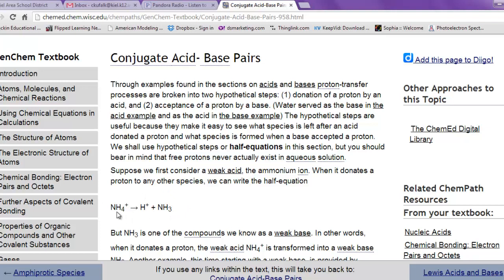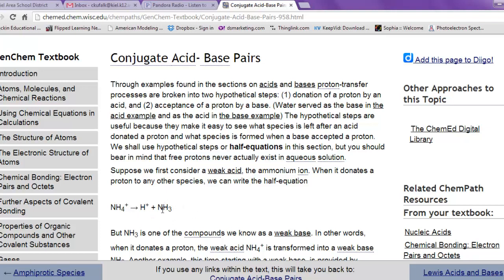Okay, so if I have a weak acid like ammonium ion, which is NH4+, the reason it's an acid is it donates an H+ to the solution, or you could also call it a proton donated to the solution. After it donates this proton, what's left is NH3. So this is the neutral compound ammonia, and this has now gone and bonded with a hydroxide and become water.